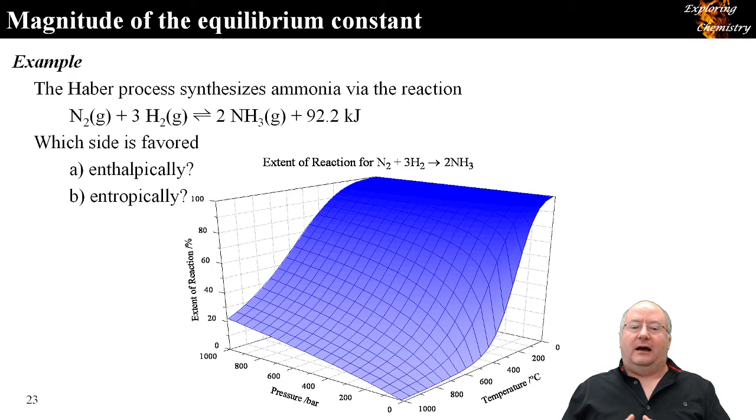So you're not getting 100% conversion, but you are getting some degree of conversion, and then you can just recycle your reagents through the reactor again. Nitrogen and hydrogen are fairly inexpensive. Ammonia is just extracted and the reagents are recycled. So here we have a competition: enthalpic control favors the products, entropic control favors the reactants.